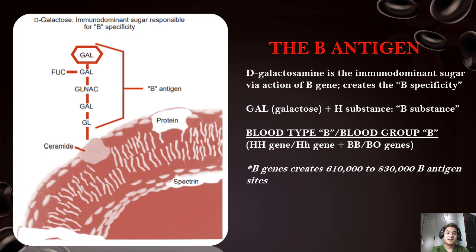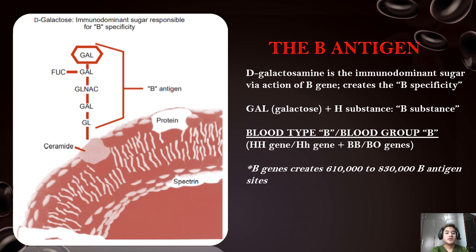The addition of this sugar molecule, particularly via the action of your D-galactosyltransferase, leads to the conversion of the H substance or H antigen into a B antigen having D-galactose as the immunodominant sugar. Okay, now, as opposed to your A genes, it shows a lower concentration of the transferase or enzyme production, converting around 610,000 to 830,000 sites, which are present on blood group B adult RBCs.